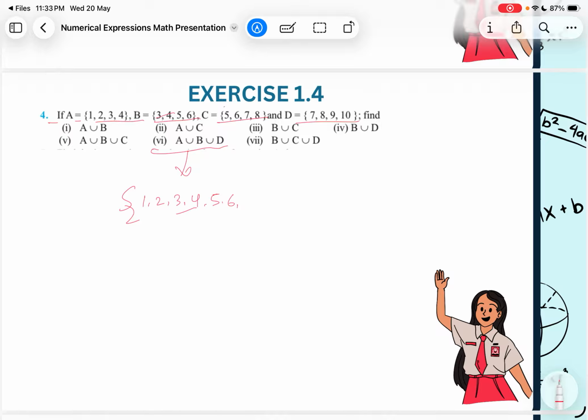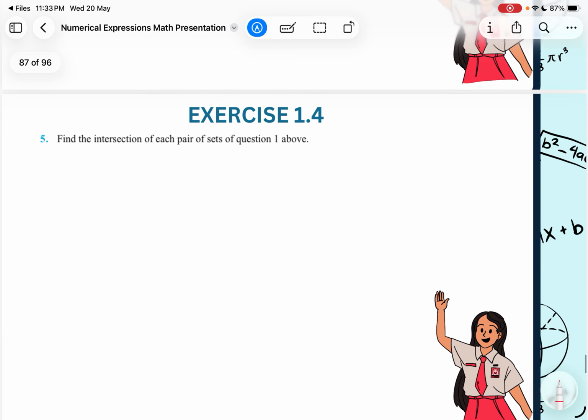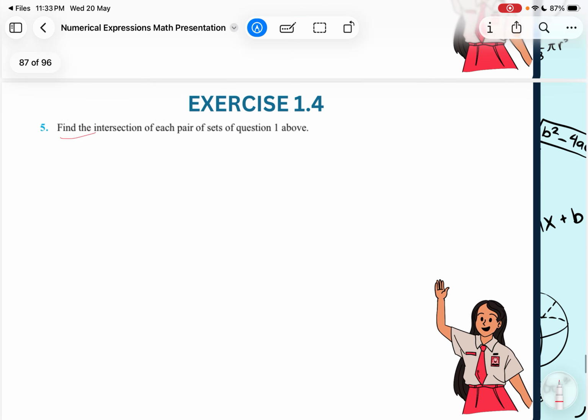Now we have to do D also. In D we have 7, 8, 9, 10. These are not written here, so we add 7, 8, 9 and 10. This is the answer. This is very easy, you can do it on your own also.